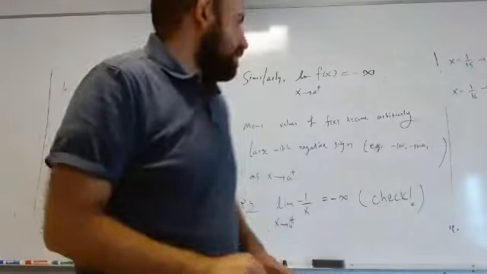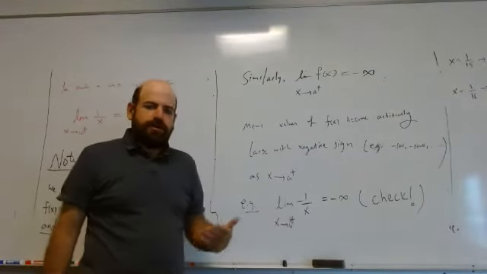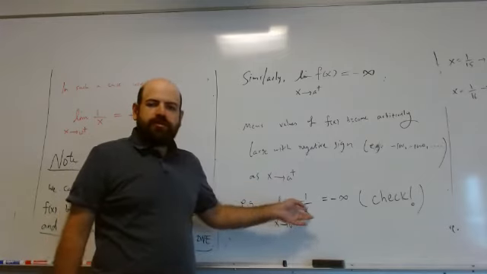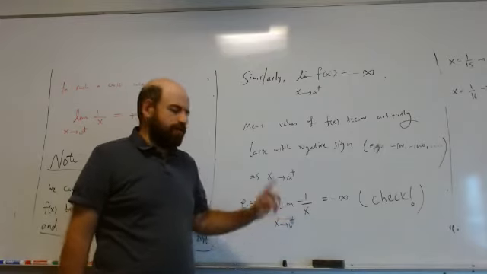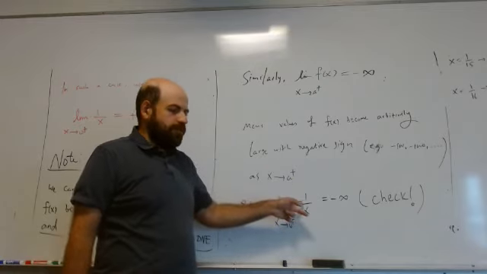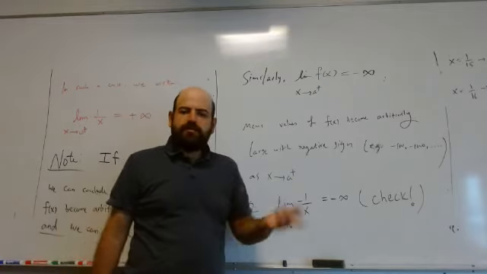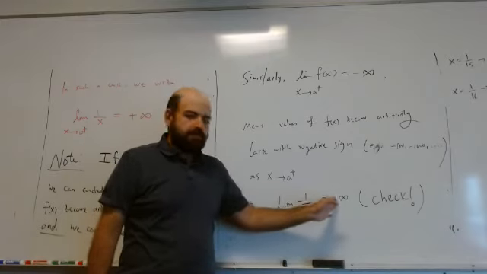As x gets closer and closer to 0 from right, for example, if x is 0.1, you plug it into your function, you get minus 10. If x is 0.01, you get minus 100. 0.001, you get minus 1,000, then minus 10,000, and so on. So that means the limit is minus infinity.